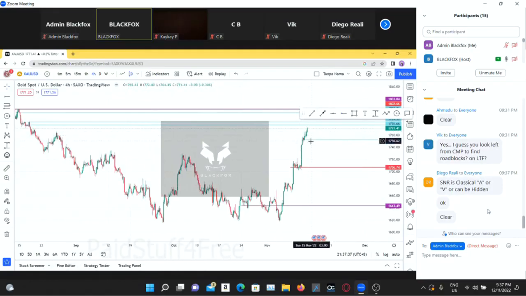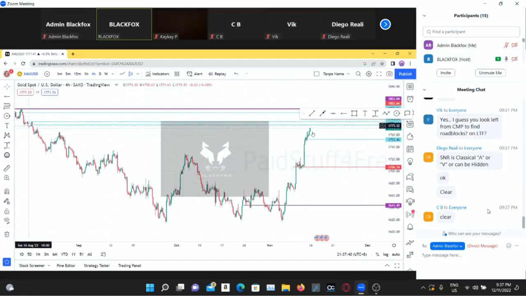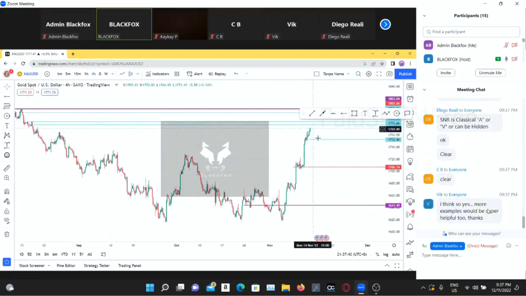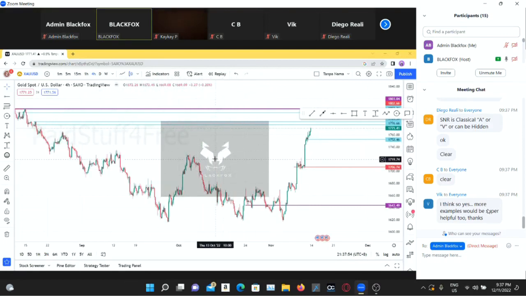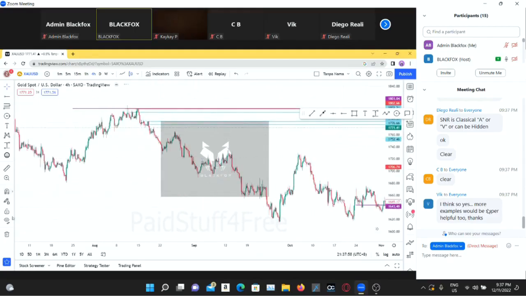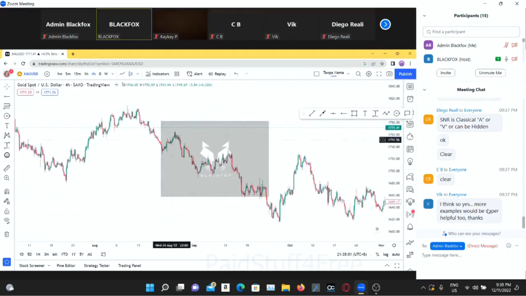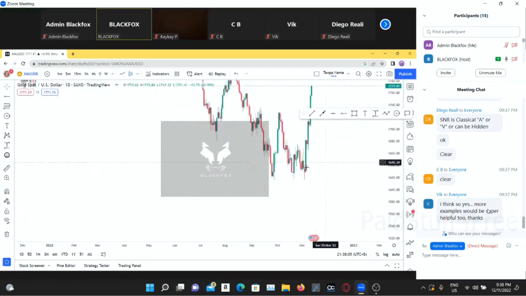So for H4, new resistance, and the price traps in these two new SNR, fresh SNR. I think so. Yes, more examples would be okay. I will find another example later. So if you guys are clear on this, we will find an example like this one.